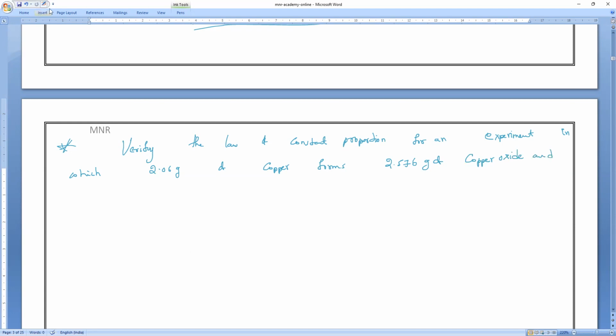Can we say it is Cu2O? Yes, copper(I) oxide. Okay? Yes, copper oxide.